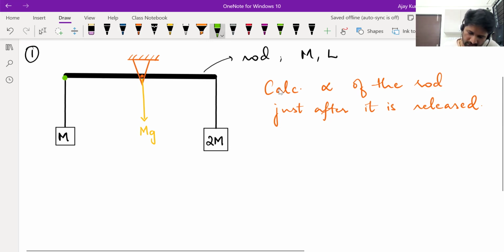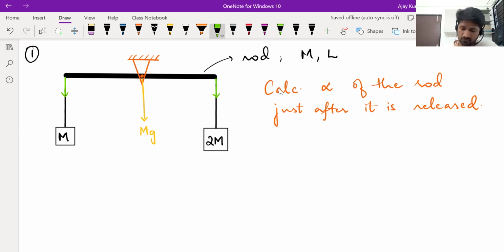Okay, do you think those tensions will be equal? Will the rod rotate or not? It will rotate, sir.